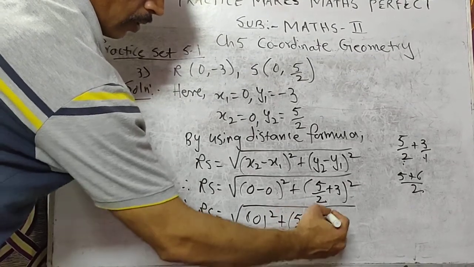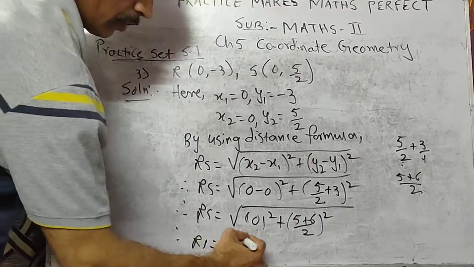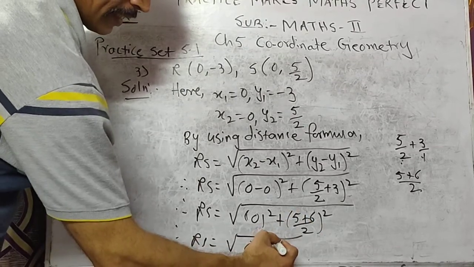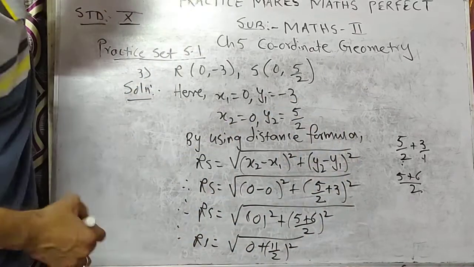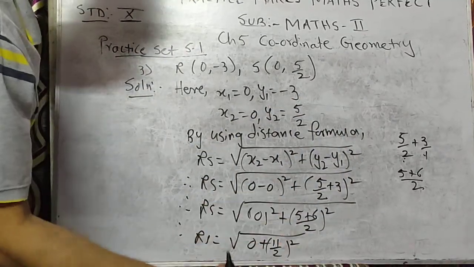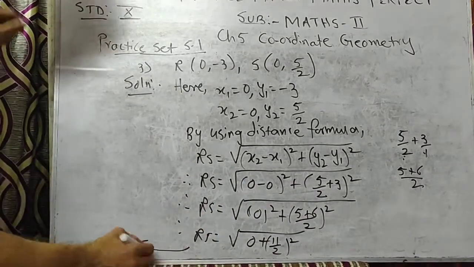So therefore RS is equal to square root of 0 plus 5 plus 6, which is 11 upon 2, the whole square. Now 0 plus 11 upon 2 the whole square will be the same.